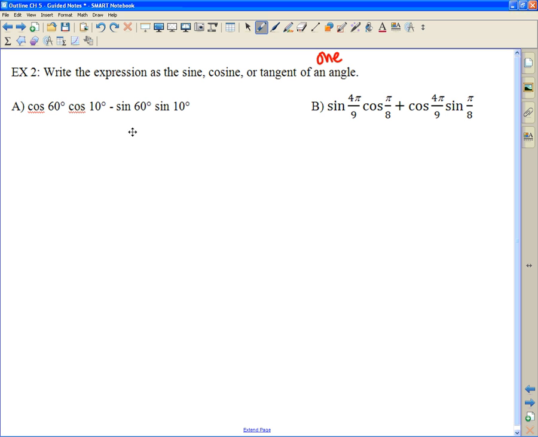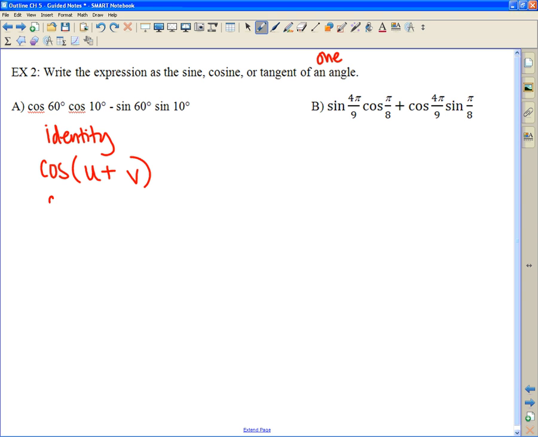So when you look at this, you should look at your identity sheet and recognize that this is a pattern for cosine. Cosine, cosine, sine, sine is when we do the cosine of u and v, two angles, and then you need to remember that cosine is the one that has a sign change. So if you see a negative sign here, you're actually working with a positive.